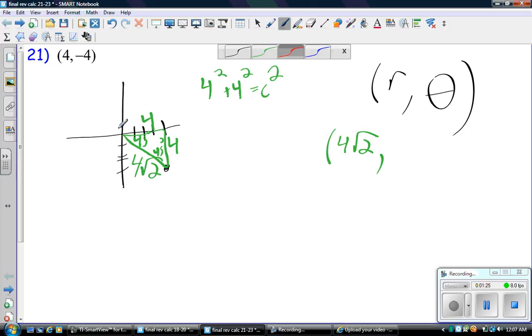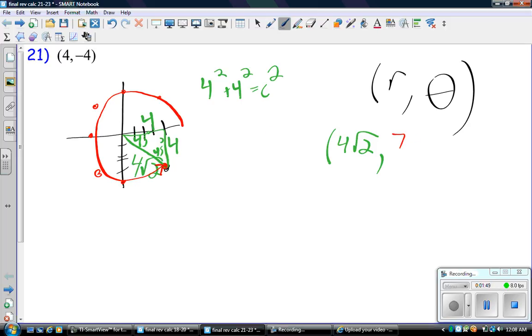Now for the angle, it's typically the positive angle. We don't have to always do the positive, but I'm going to go ahead and do it positive. The positive angle to that point. Since I've got 45s here, I'm counting 1/4, 2/4, 3/4, 4, 5, 6, 7 pi over 4.